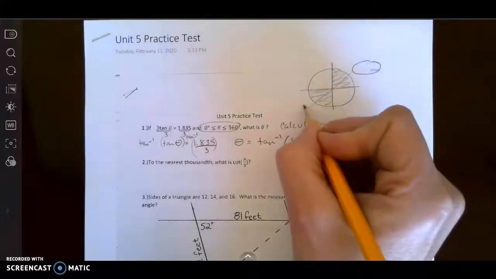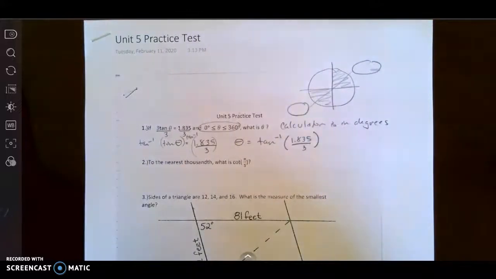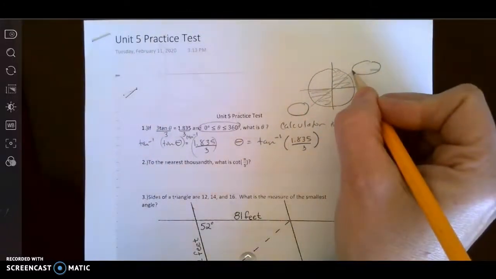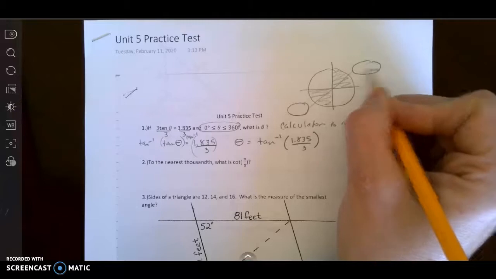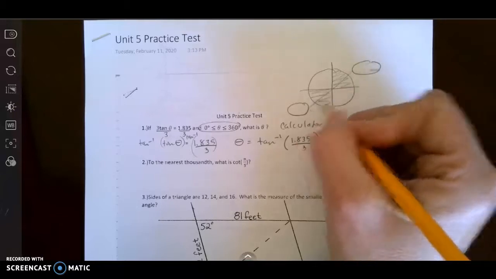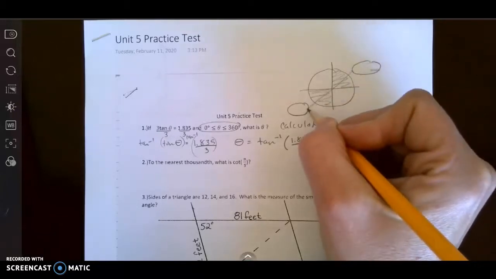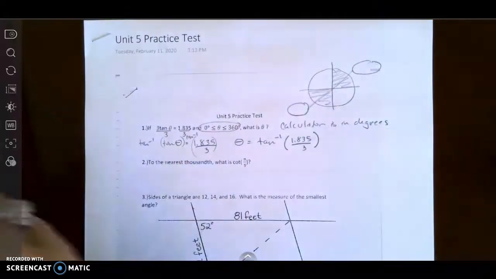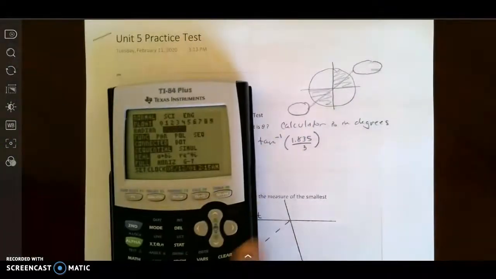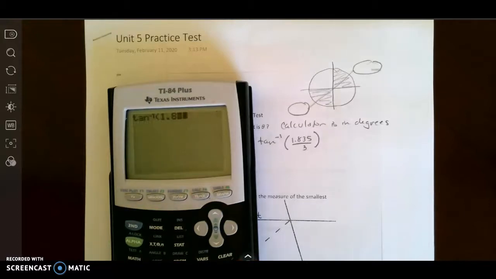So I'm going to have a quadrant 1 and a quadrant 3 answer. And all I'll have to do is, when I get one of these answers, add 180, because it's diagonal. When you go across a straight line, that's adding 180. So let's use our calculator and do inverse tangent of 1.835 divided by 3.